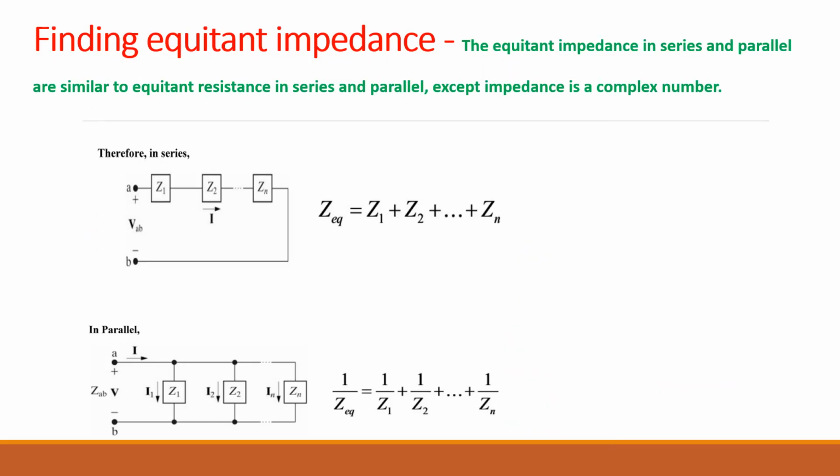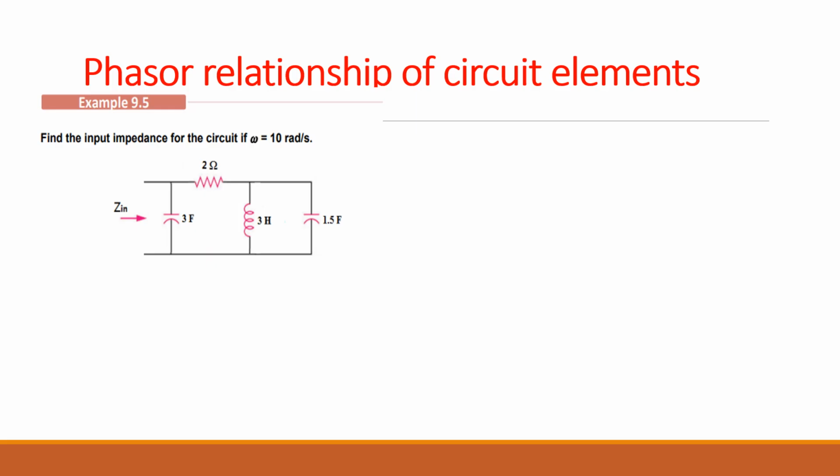Okay, so I already explained, when you have the impedances in series with each other, you can add them like this. When the impedances are in parallel, you can add them like this. Okay, so let's do this one. Can you convert all of these to impedance first?